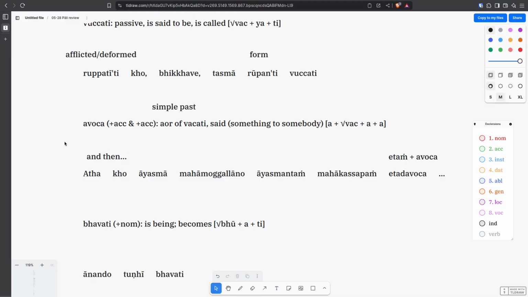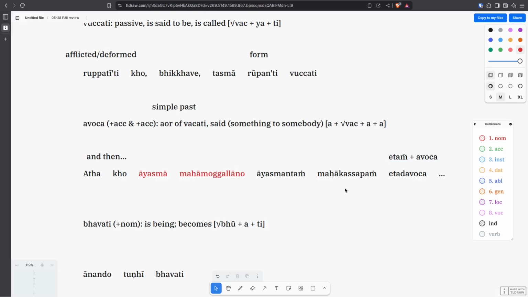So ayasma, Venerable Mahamogalana, ayasmantang, Venerable Mahakassapa, said. Not both of them, but one of them is nominative and one of them is accusative. One says to another. Okay, yes. So Mahamogalana is in nominative, he is the one doing the speaking.